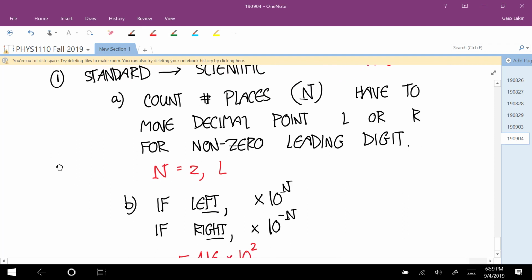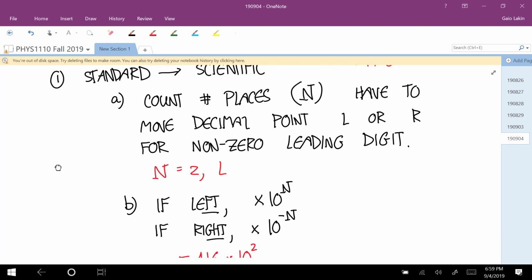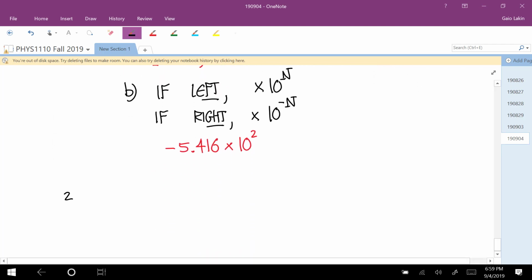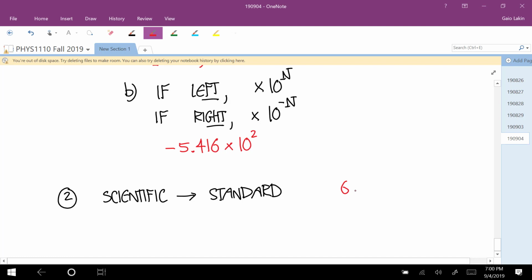And then the second thing we have to be able to do is to take a number in scientific notation and express it in standard notation. So go from scientific to standard. And in this example, I'm going to use 6.52 times 10 to the minus 4th power.